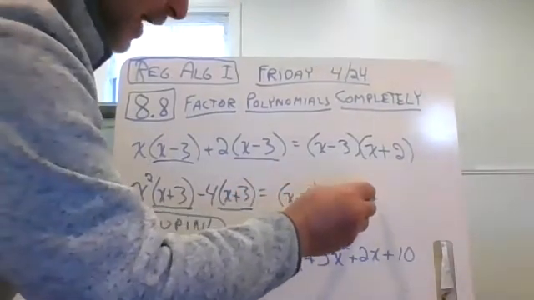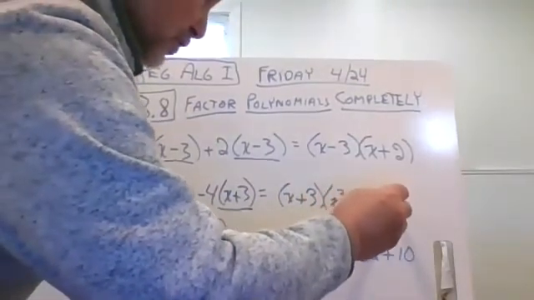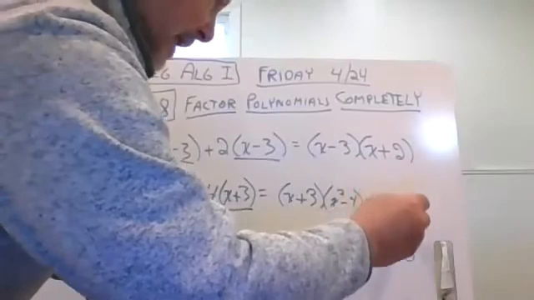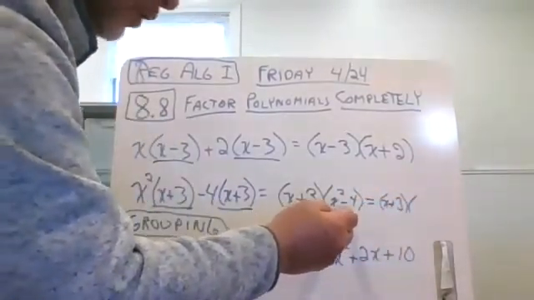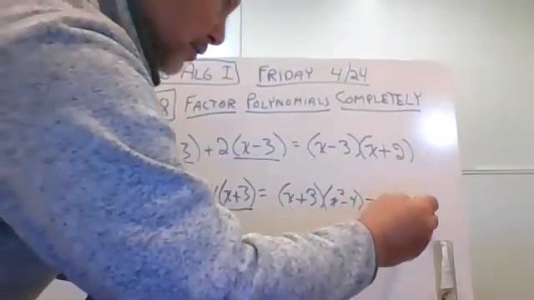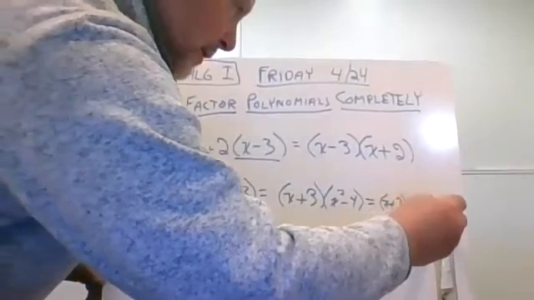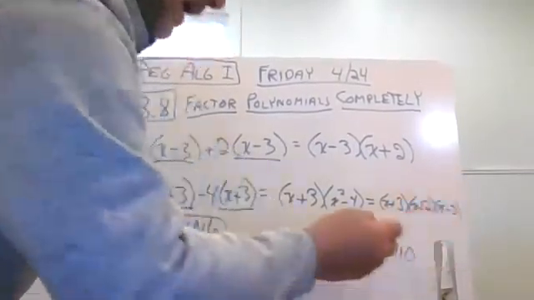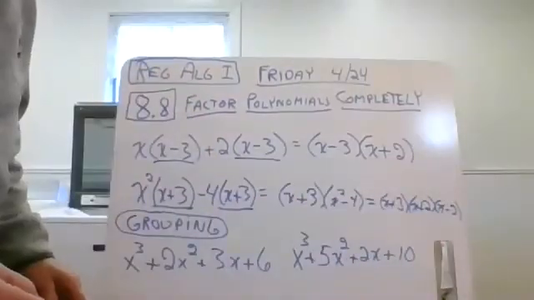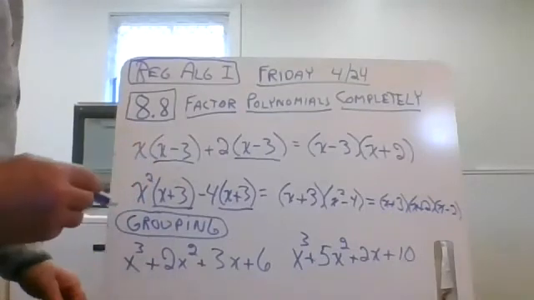And so what you have to do then is write the x plus 3 and now factor the x squared minus 4. And that factors, we know, into x plus 2 times x minus 2. And now we're done. We have 3 factors in this problem.